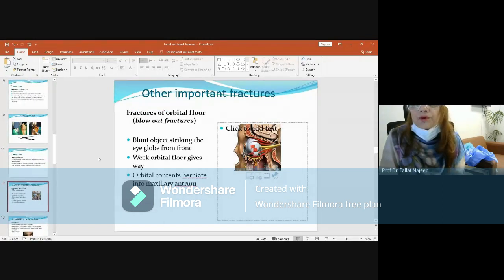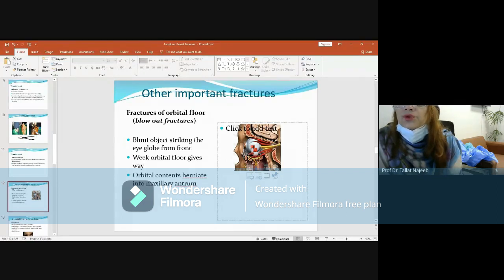Now another important fracture, that is blowout fracture. Blowout fracture is the fracture of floor of orbit. This is a very important topic. You might get a scenario from this topic. So the weakest part of orbital cavity is the floor of orbit. Whenever there is blow from front, intraorbital pressure gets raised.